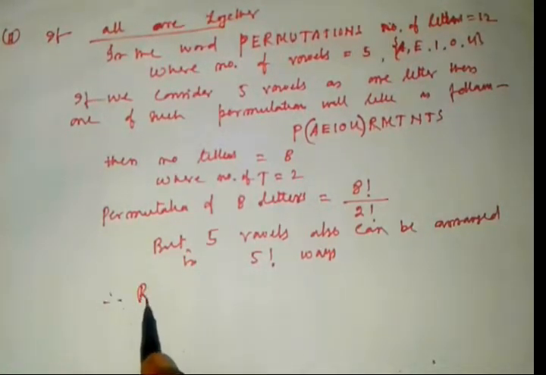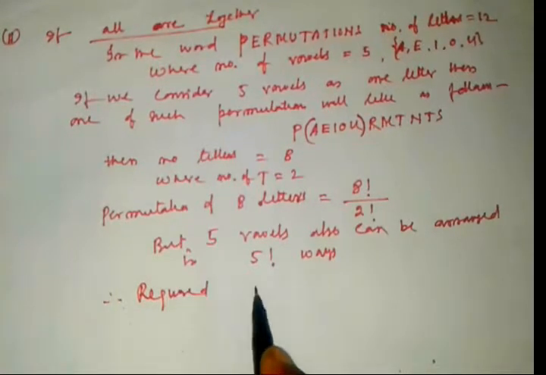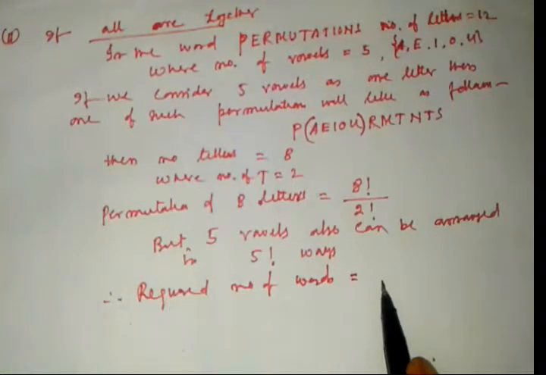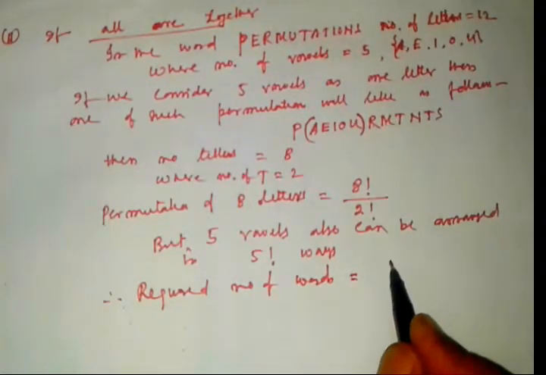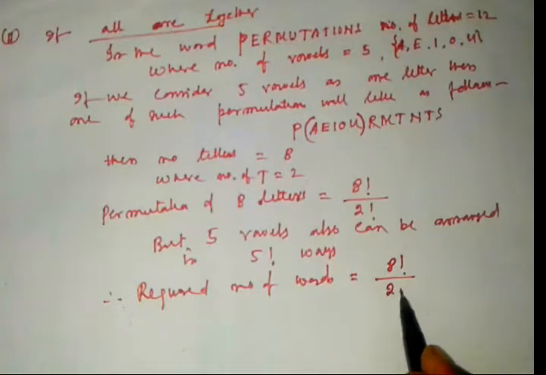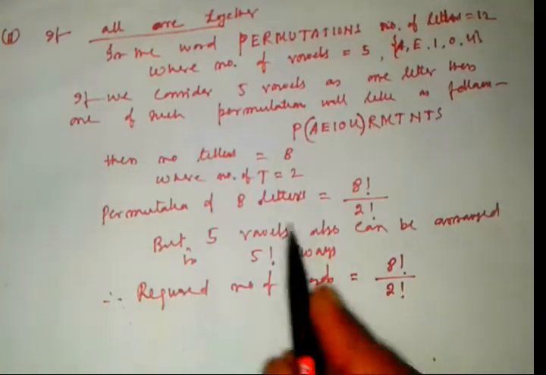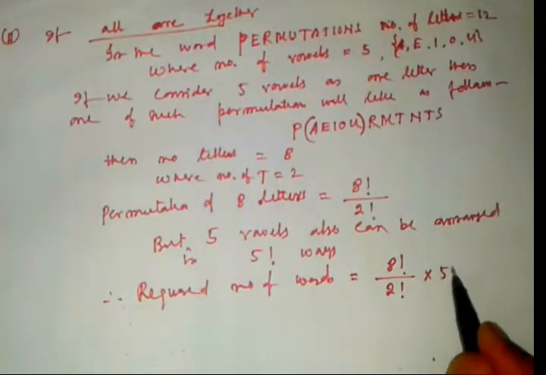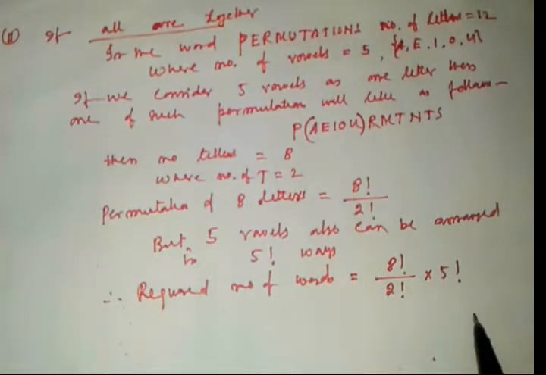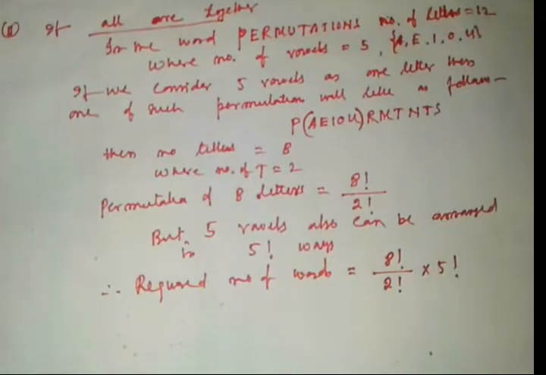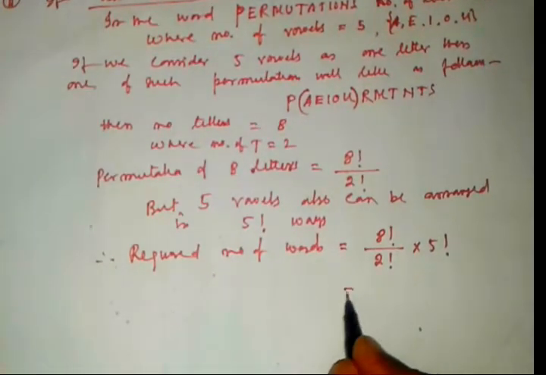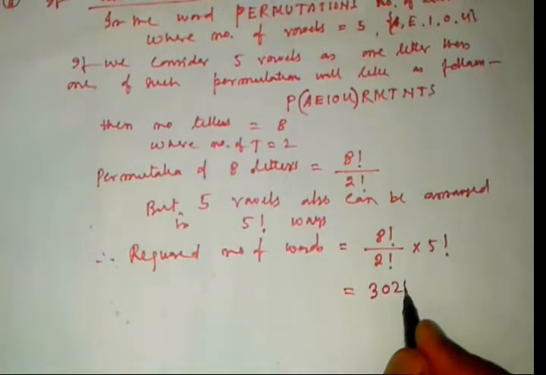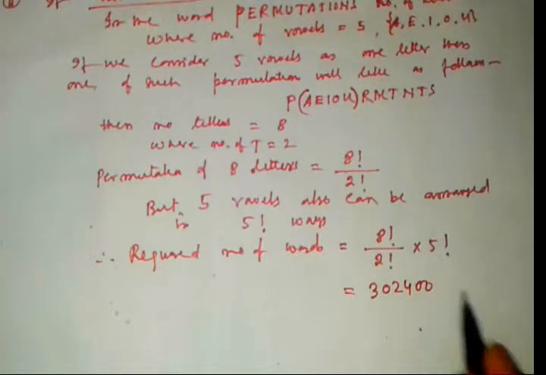Therefore, the required number of words, if vowels are together, is factorial 8 divided by factorial 2, multiplied by factorial 5, because 5 vowels can be arranged in factorial 5 ways. After simplification, we get the value 201600.